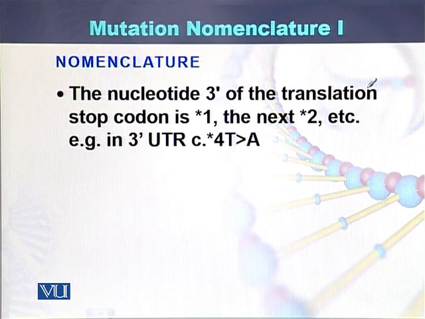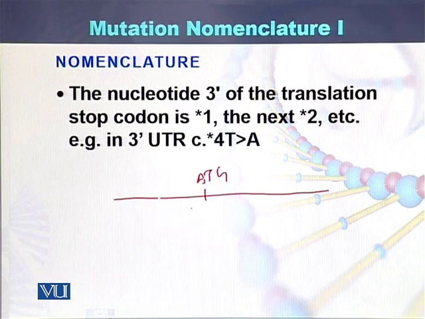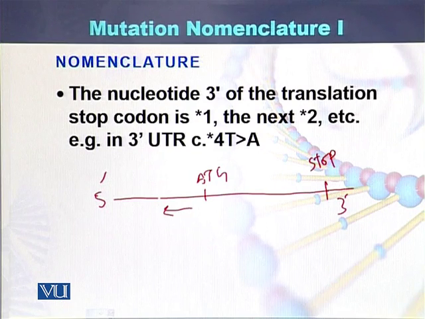If we see here the structure of the gene, this is the sequence of the gene. Here is ATG, this is the 5' end of the gene, this is the 3' end of the gene, and here is the stop codon. If here is the stop codon, then the next nucleotide, that is here, will be marked by 1 and an asterisk.